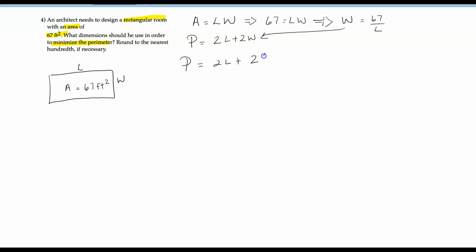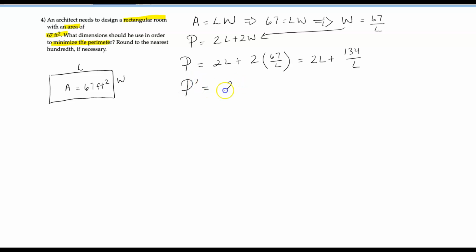Maybe that's not necessarily difficult, but it's just a little bit different than what we maybe have seen so far, but that's okay. All right, I get something that looks like this: 2 times 67 over L, and so I get 2L plus, and then that becomes 134 divided by L, and this is the function that I need to optimize and find P prime.